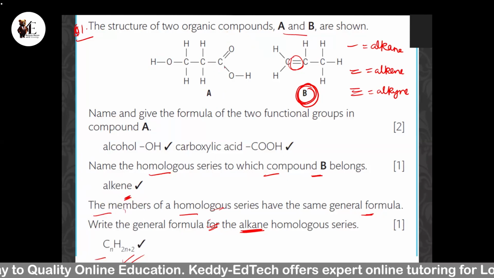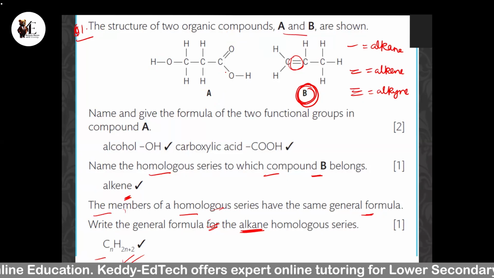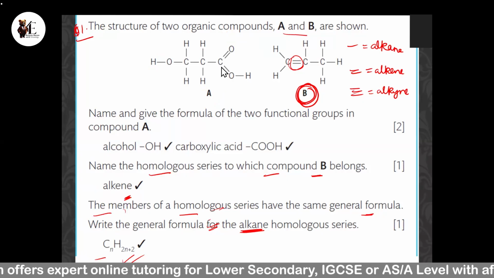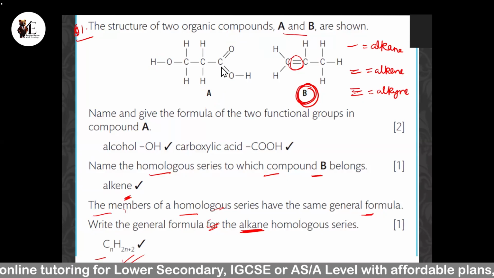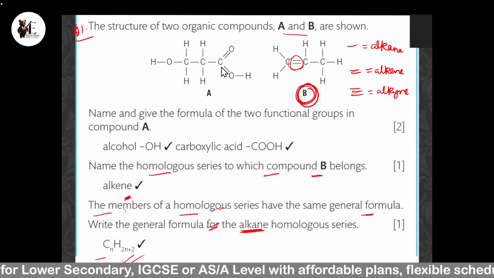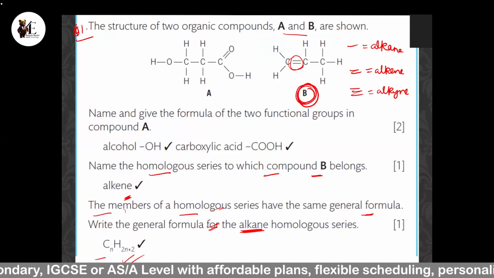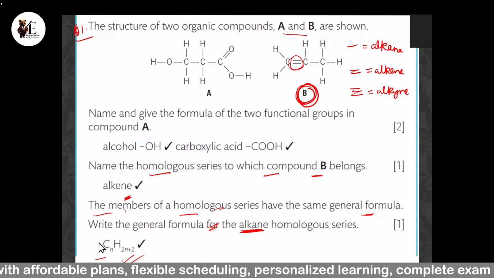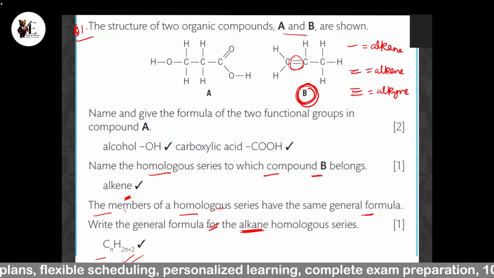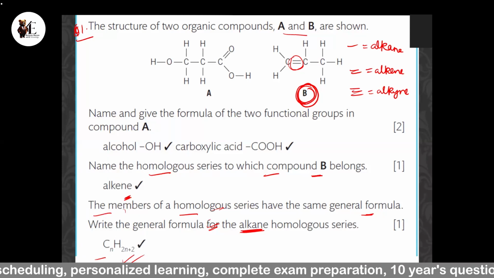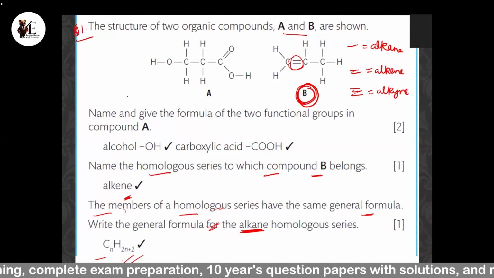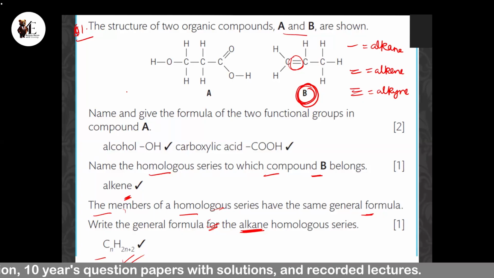Ma'am, is it an ester? What is ester? Tell me the formula for ester. For example, carboxylic acid is COOH, alcohol is OH. Then what is ester in this? Ester is when an alcohol and a carboxylic acid react, they form an ester.